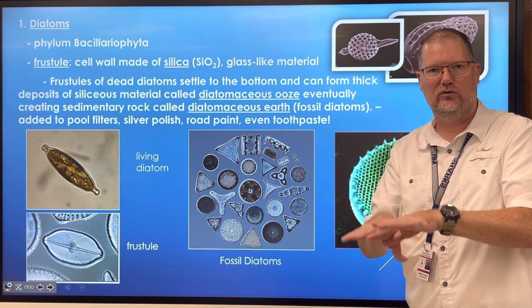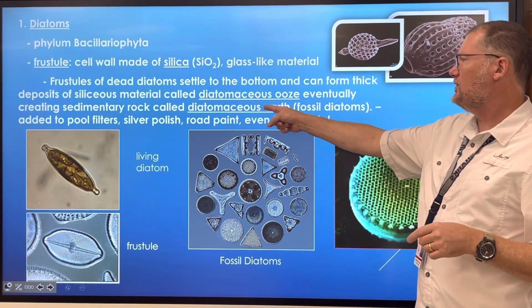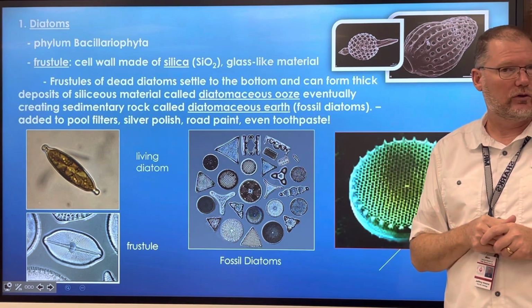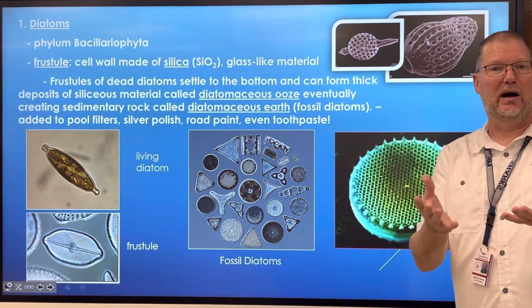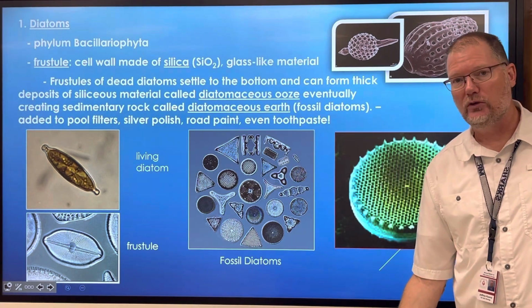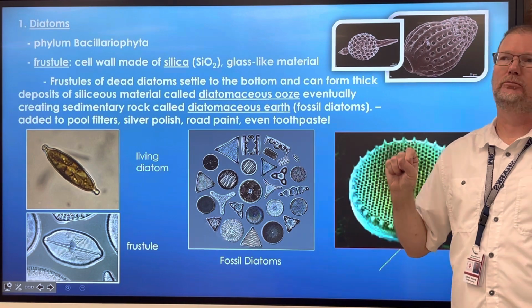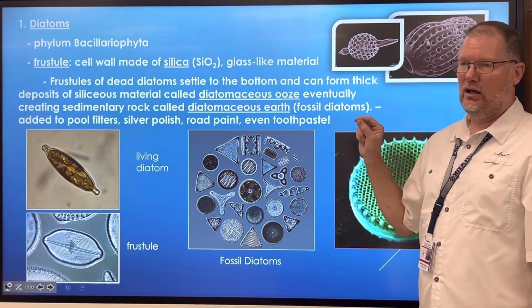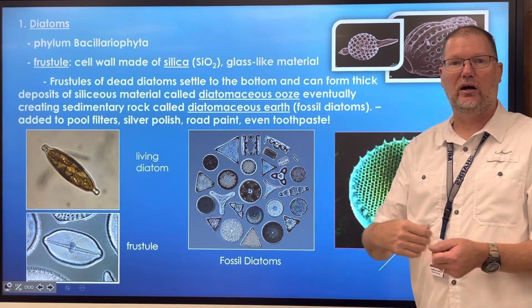Pressure and time squeezes out all the air and water, and it makes something called diatomaceous earth, which is a white powder. You can buy it at Home Depot or Lowe's. People put it in their filters for their pools.